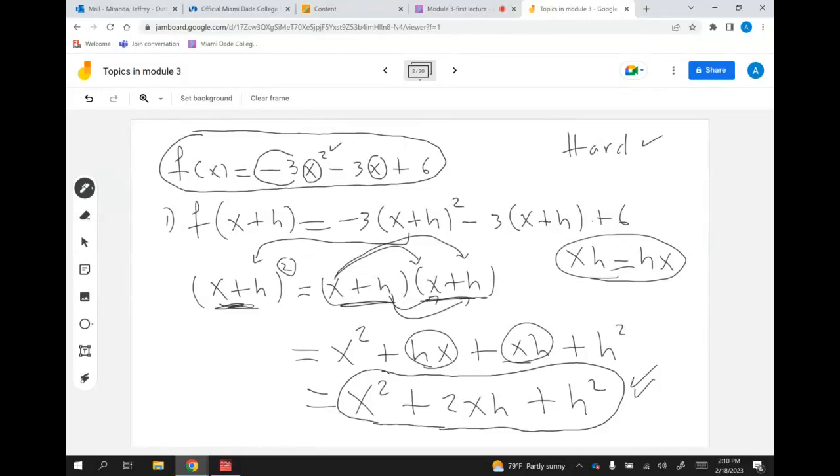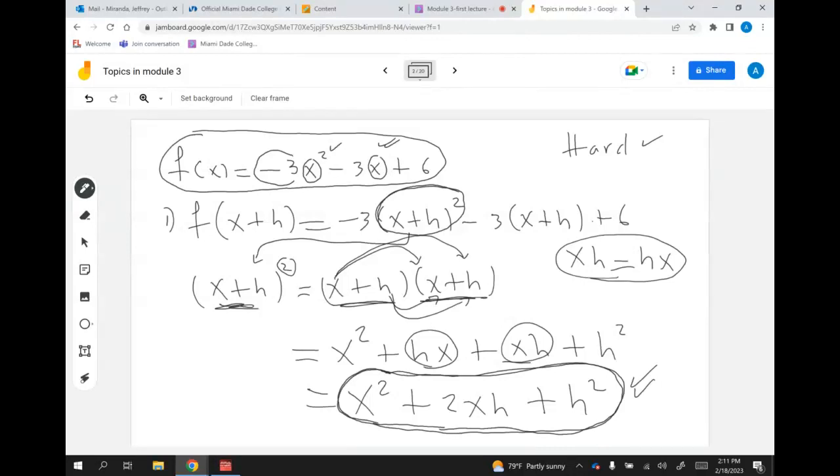In essence, I only computed this little part, and that is what created all this mess down here. I haven't done the -3, I haven't touched the 6, nothing. So you can see how difficult this is, but it's doable. It just needs organization. You need to do it slowly, and you better take good notes, okay?